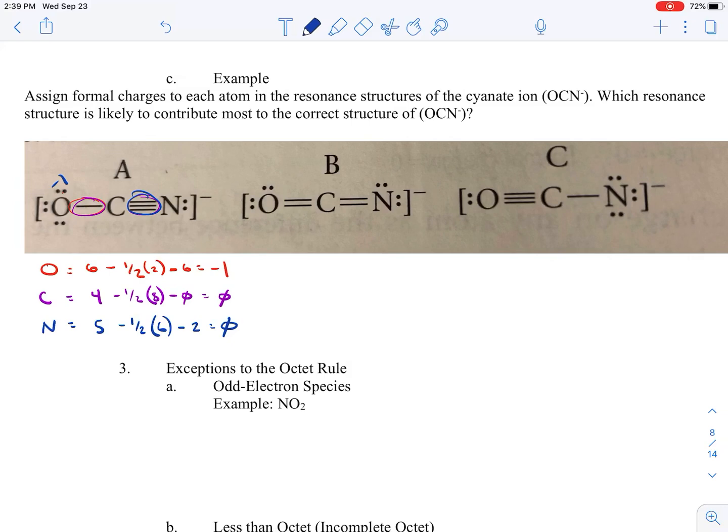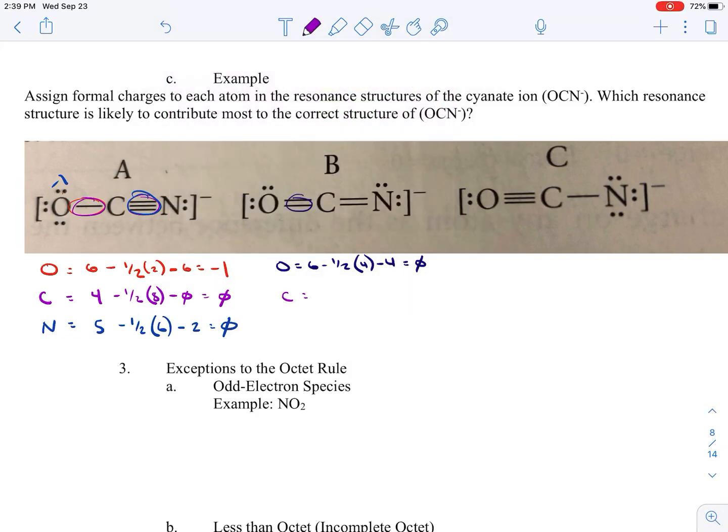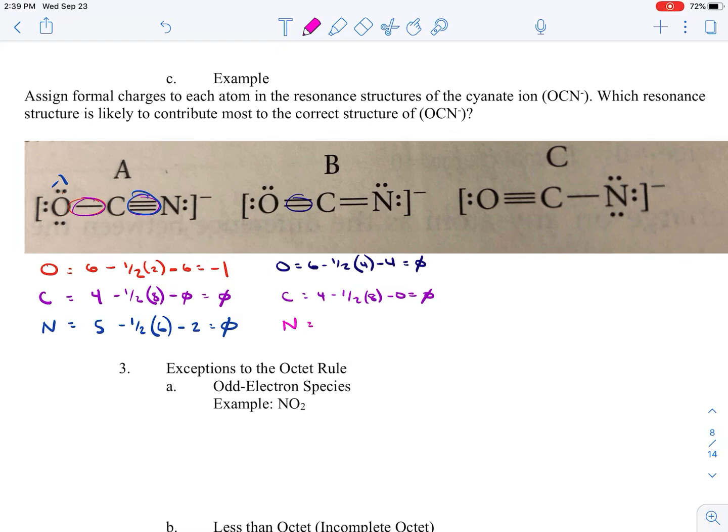Let's do the same thing with this next molecule. We'll start with oxygen again. 6 minus 1/2 of, this time, 4 bonding electrons, minus 4 lone electrons, which gives me 0 on oxygen. Now real quickly, did carbon change? Carbon did not change. It's 4 minus 1/2 of 8 minus 0, which is 0. Now let's save ourselves a little work. When we do the nitrogen, we know our charges have to add up to the ion's charge, so nitrogen has to be -1.